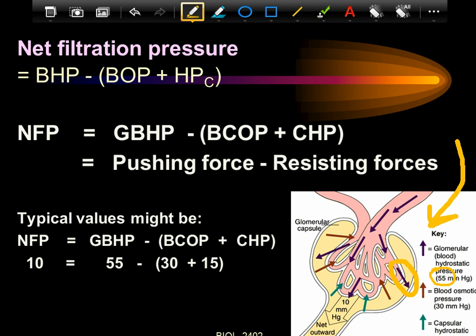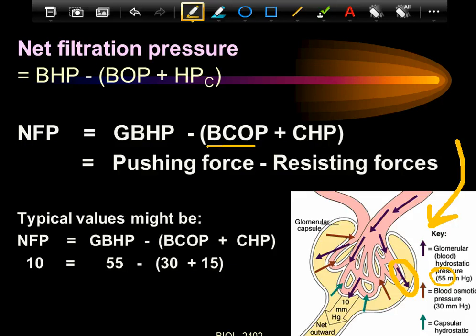Okay, so that's actually the major force in making filtrate. The stuff gets pushed out into the Bowman's capsule container. Okay, now there are 2 inward forces that are trying to keep plasma in the blood, that are trying to pull water back out of the filtrate, back into the blood. And they are BCOP, blood colloid osmotic pressure.